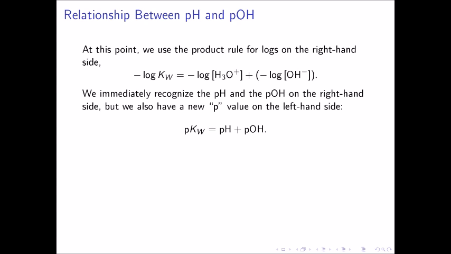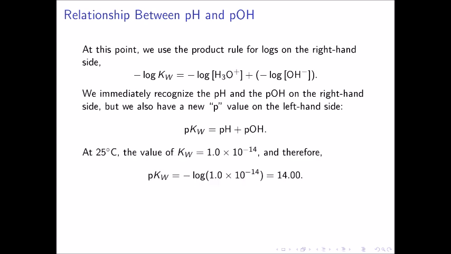This new p-value is pKw, and it is equal to pH plus pOH. Recall that at 25 degrees Celsius, the value of Kw is 1.0 times 10 to the negative 14, and therefore the value of pKw is equal to the negative log of this, which is equal to 14.00.